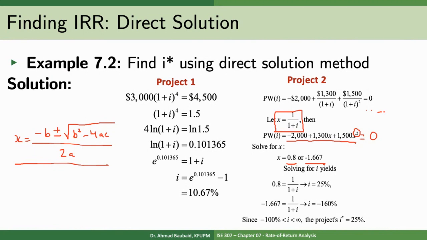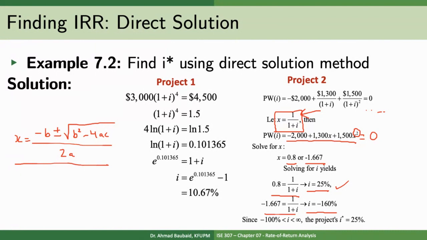Now, I'm not done yet because I haven't solved for I. I need to go back here, and I need to find I given the values of x that I just found. So if I plug back in here, I find I. I get that I is either equal to 25% or it's equal to minus 160%. Now, this one is okay, right? A rate of return of 25% makes sense.